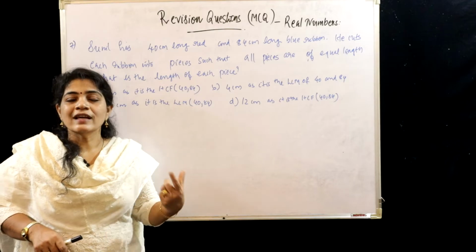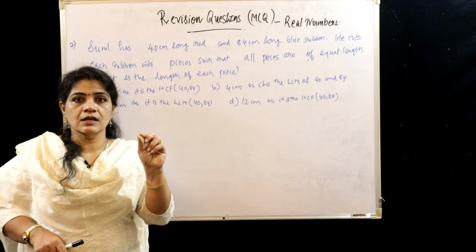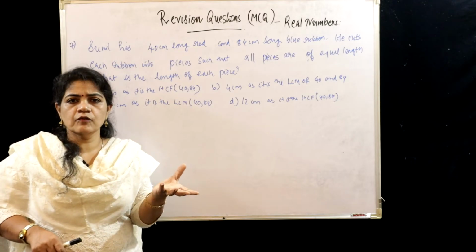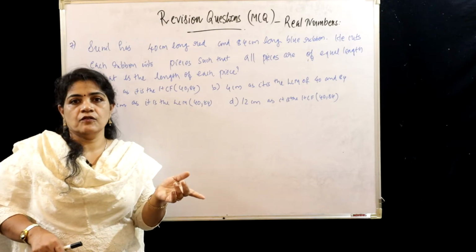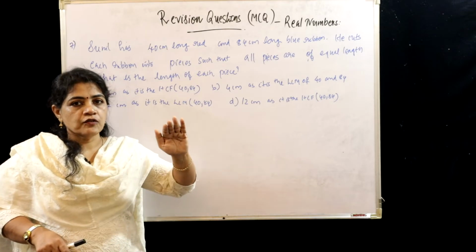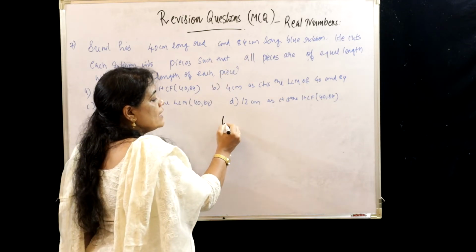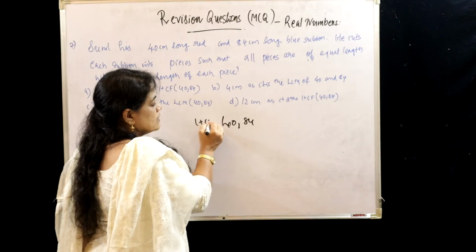In order to get the length of each piece, you have to find the HCF. In such a type of question, after reading, that is the concept, children, you should find the HCF. That means you have to find the HCF of 40 and 84 by the prime factorization method.